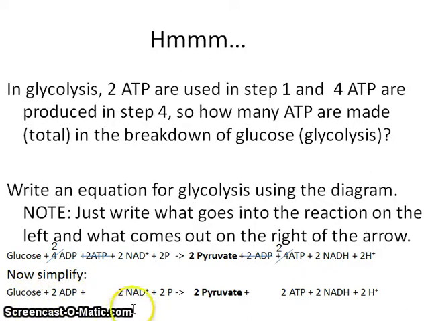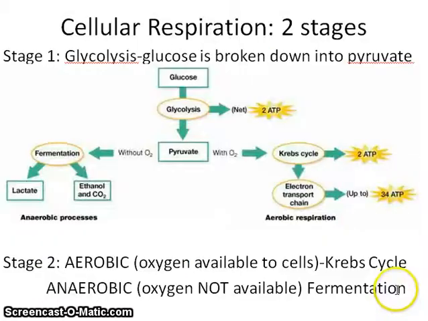Glucose, 2 ADP go in, NAD+, 2 phosphate, and what comes out is 2 pyruvate, 2 ATP, 2 NADH, and 2 hydrogen ions. The important part of this equation is the pyruvate and the 2 ATP. So this thing right here corresponds with these 2 ATP produced in glycolysis.